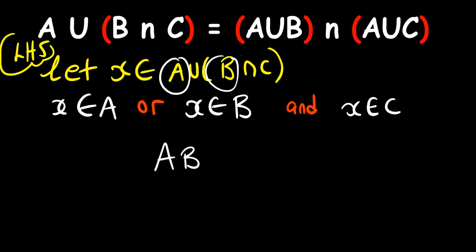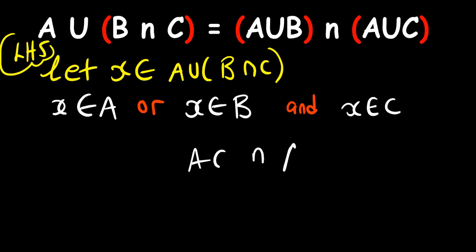The and in the middle, let me put it as N. Then A multiplied by C, I'm going to have AC. So you have AB, N, then you have AC, if you are going to distribute like that.